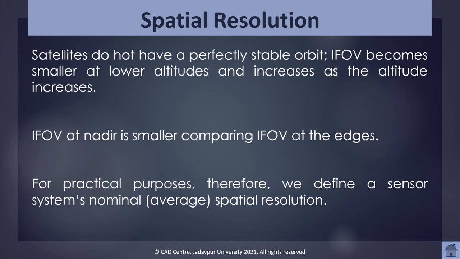However, after capturing, images are systematically processed to maintain constant spatial resolution throughout the image. And also, as we have discussed earlier, satellites do not have a perfectly stable orbit, therefore the IFOV becomes smaller at lower altitude and increases as the altitude increases. So anyway, for practical purposes, we use the nominal or average spatial resolution.